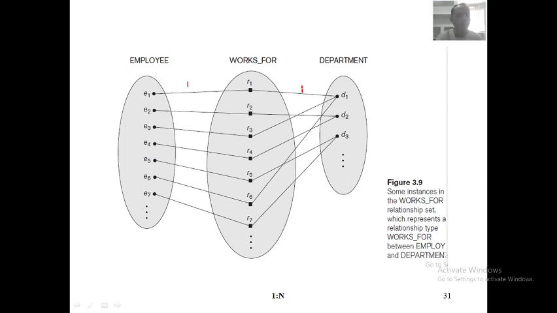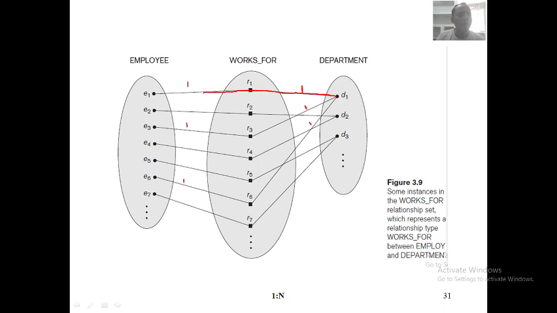Got it? I can work for only one department. For the same department, assume that this is Girish sir. Girish sir also works for the same MCA department, and assume that this is Aarti madam. Aarti madam also works for the same department. Now, are there 3 departments? No, altogether it is only one department.